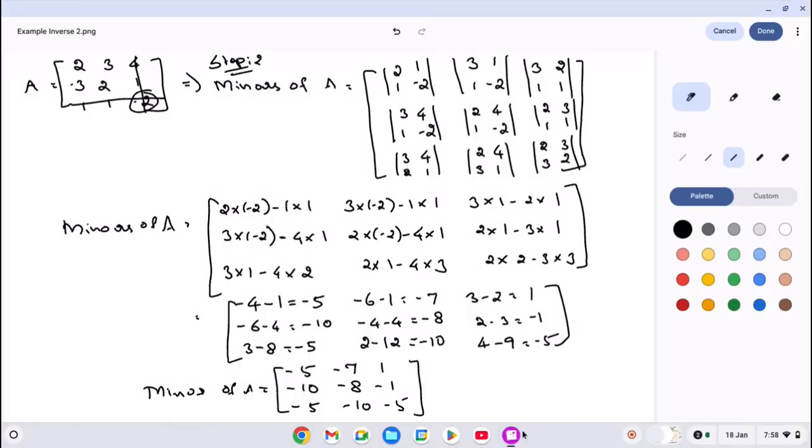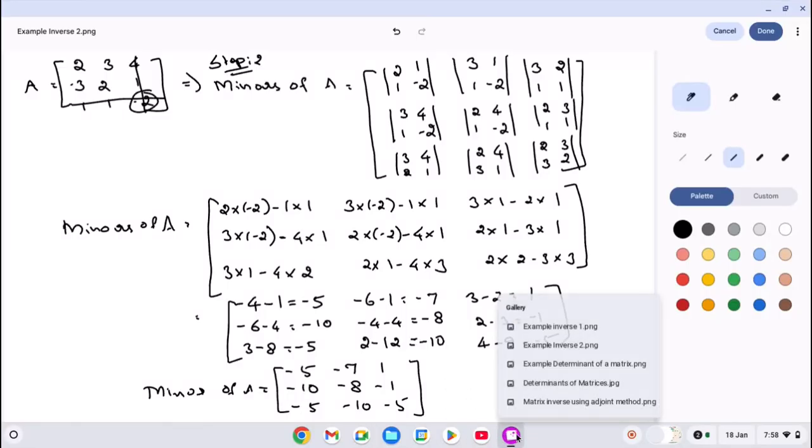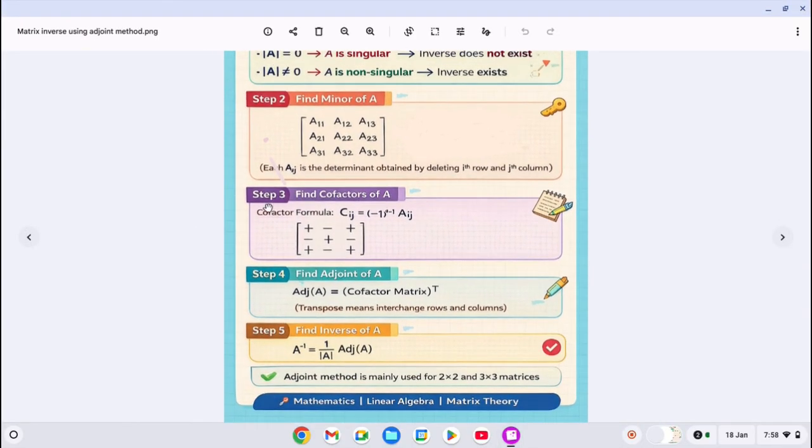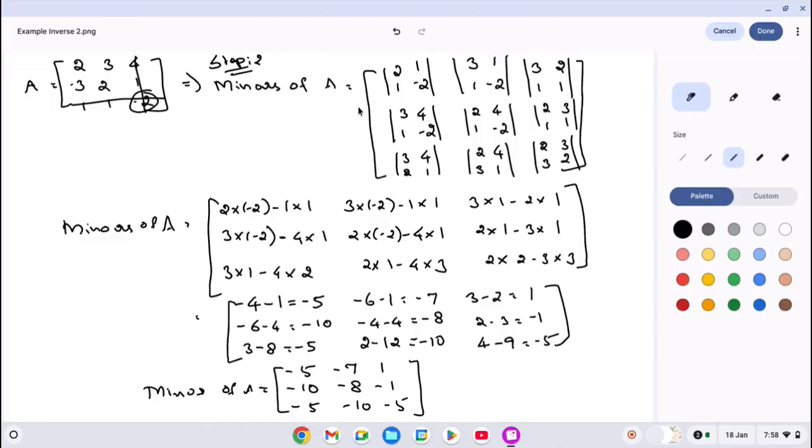What is the next step to find the inverse of the matrix? In step 3 we have to find the cofactor of A. The cofactor of A is just giving signs to the minor matrix we found. So this is step 3.